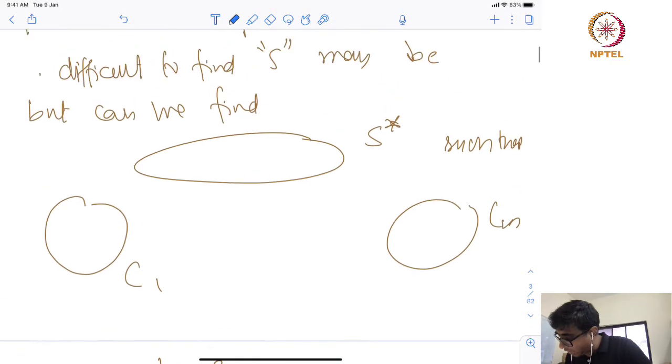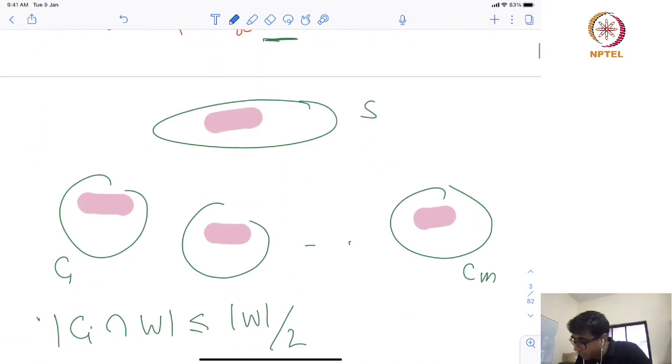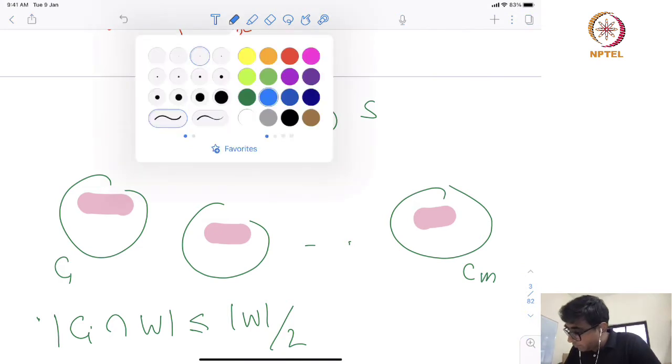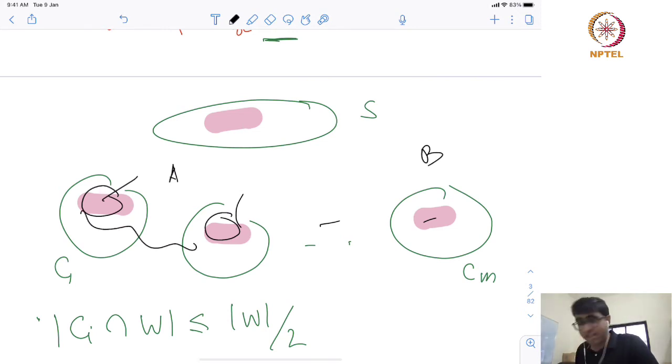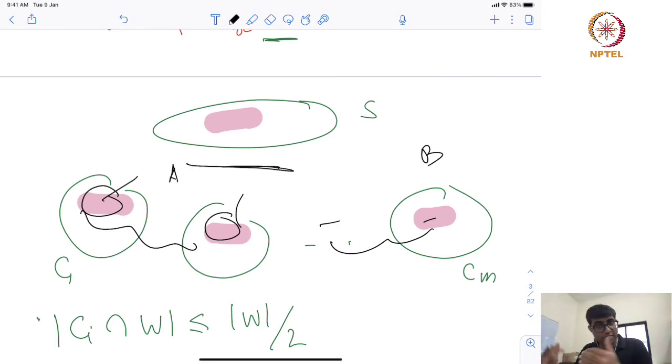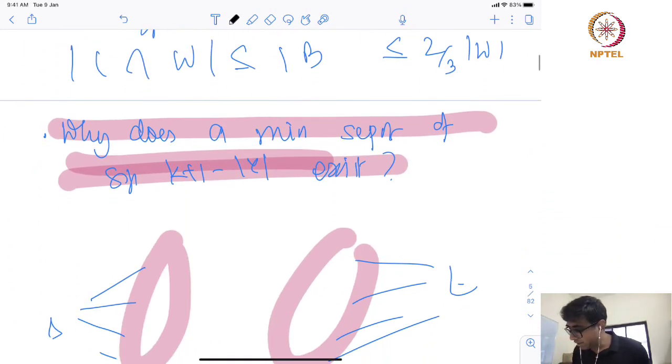So to do that, what we actually can show is that look at this S and look at this, we will be able to group some of these patches into A and some of these patches into B. Then definitely the S, which was a half W by 2 separator, is also a separator which will separate A from B, and that immediately implies that the min separator has a size k plus 1 minus y.